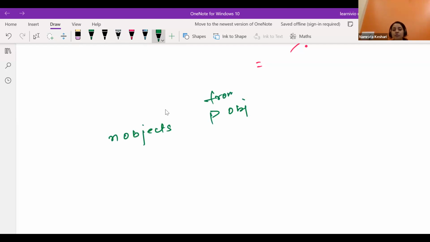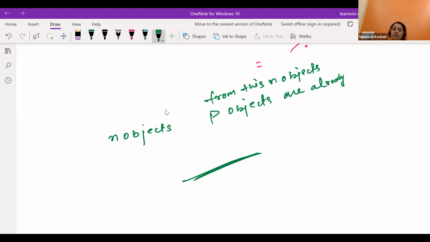From this n objects, p objects are already seen. Then while finding the permutation, we have to divide it by p factorial.